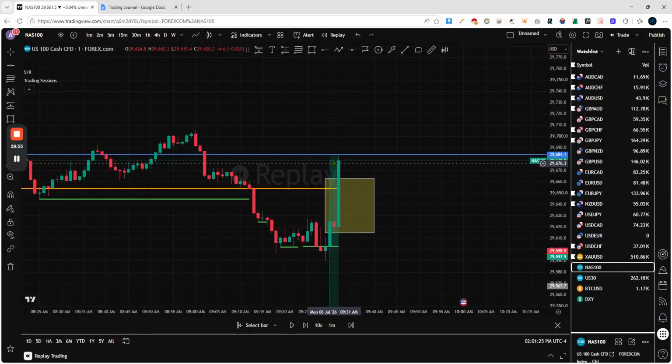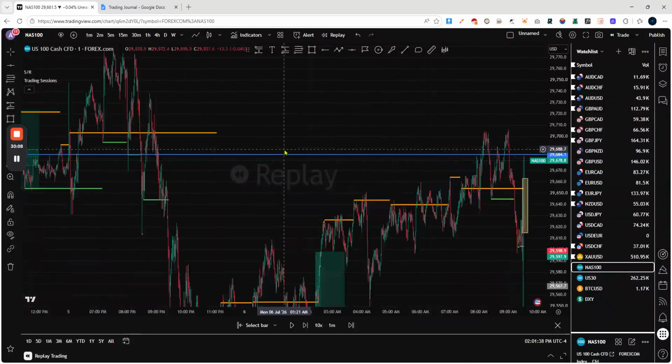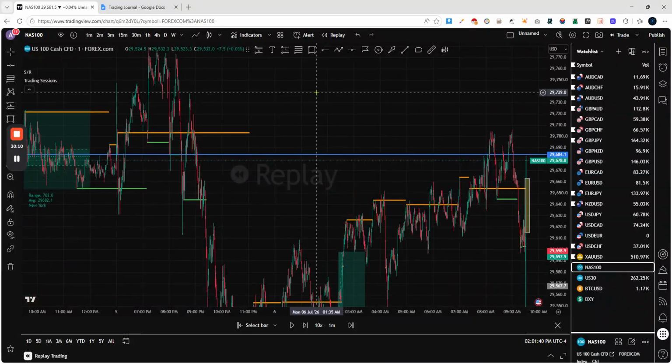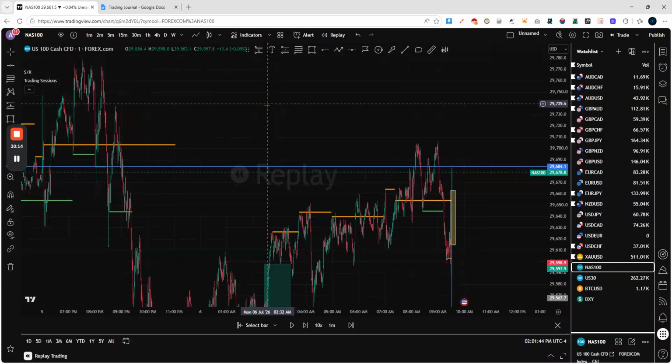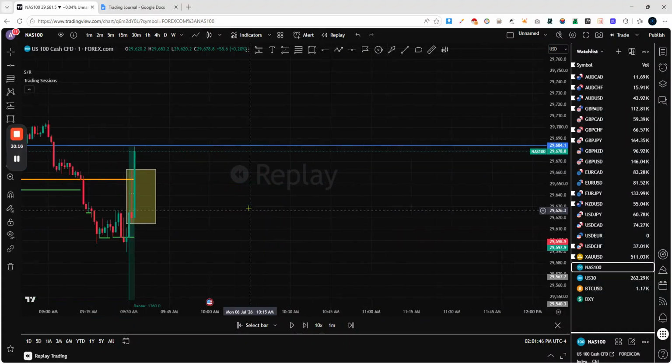We engulfed it. What I would like to see is price give me a rejection candle to this zone here, and also break this zone and continue to the upside. And I would probably take it a little higher. If I can get in good, I would probably take it up here or something. I don't know. All right.